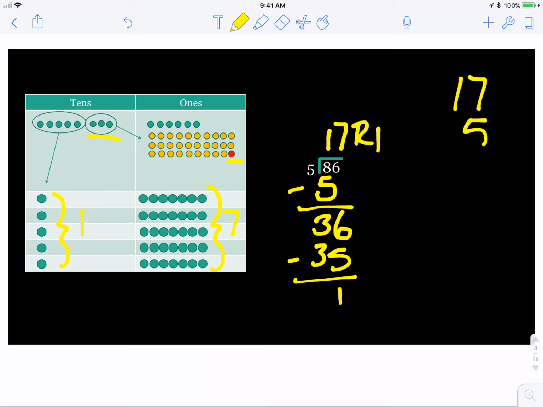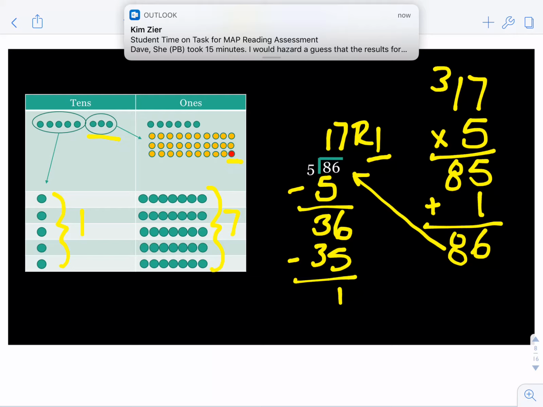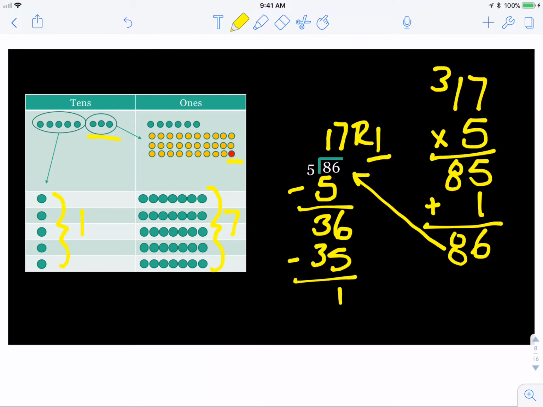Our divisor is 5, so we're going to multiply it. 7 times 5 is 35. 5 times 1 is 5 plus 3 is 8. 85. We need to get to 86. Well, we have that remainder of 1, so we need to add the remainder. 5 plus 1 is 6. 8 plus nothing is 8. There we go. Okay.